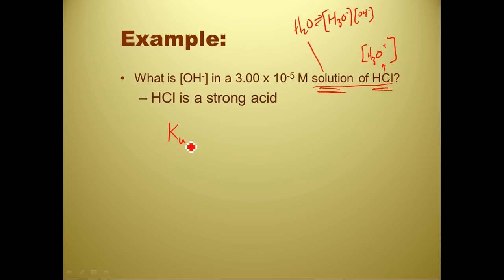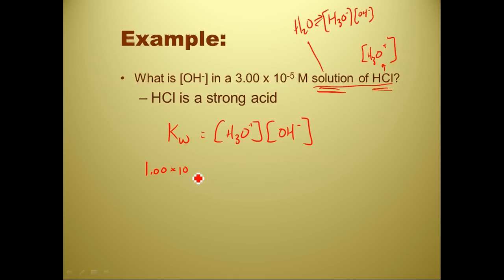Okay? How am I going to solve for how much hydroxide is there? Well, the Kw is simple. We've seen this before on the last slide. The Kw of water is the hydronium ion concentration times the hydroxide ion concentration. The Kw value never changes. Let me see, I wrote this wrong.